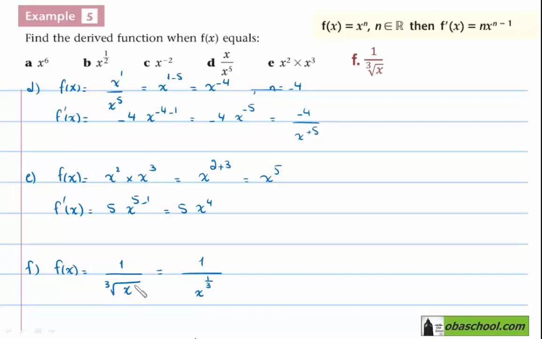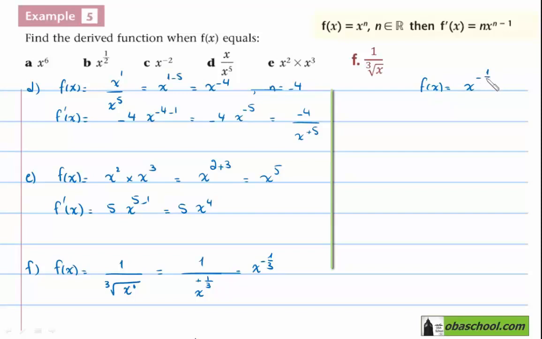Now we have 1 over x to the power 1 over 3. Let's take x to the numerator and change the power sign. So the answer is x to the power minus 1 over 3.